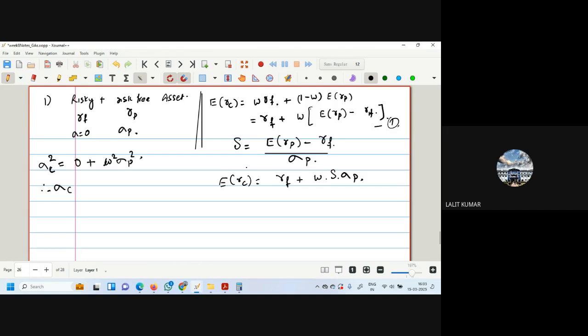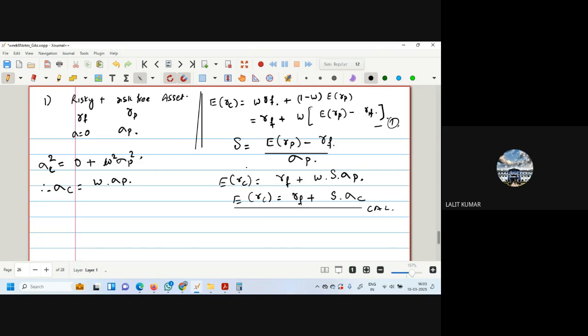Therefore, your sigma C is nothing but W into sigma P. This you replace it here. So ERC becomes RF plus S into sigma C. So this is known as your CAL equation.